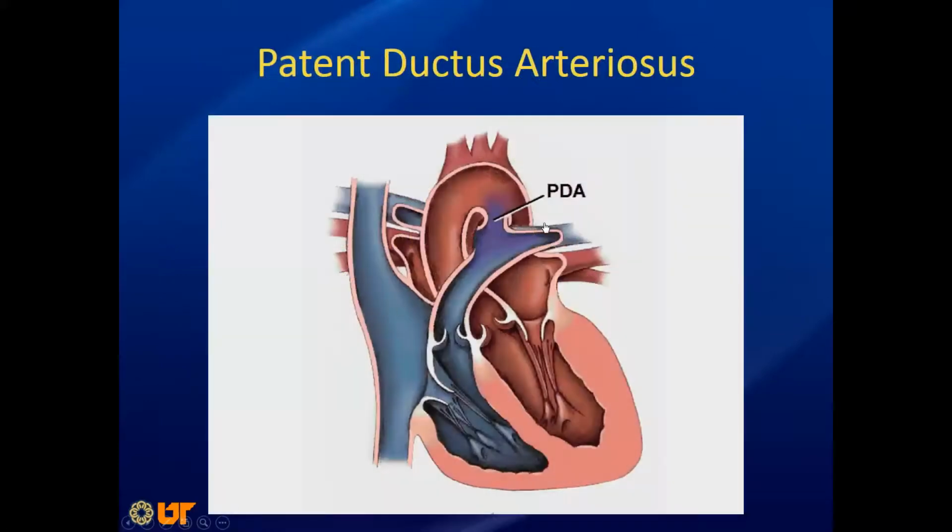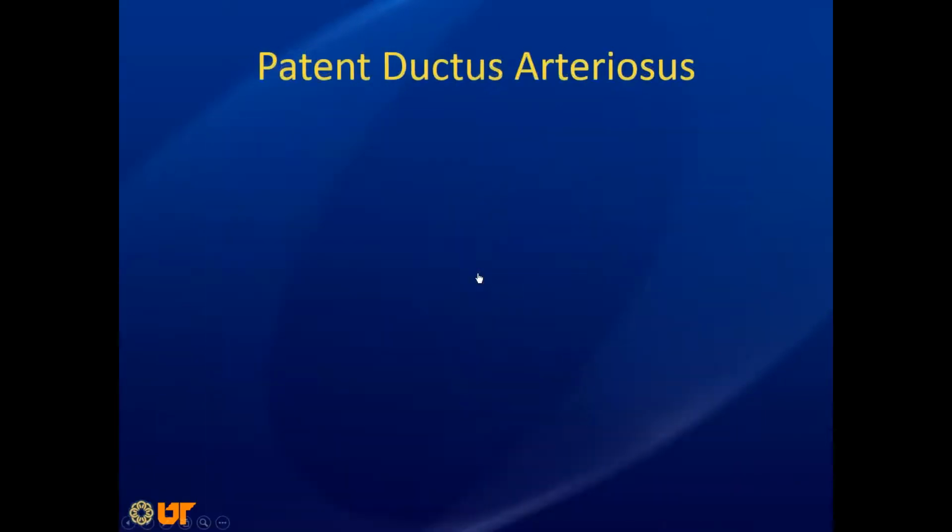So the PDA to start out with, we just talked about that briefly. So again, a connection between the aorta and the pulmonary artery, and the direction of flow kind of depends on pressures in either one of these. So for example, in pulmonary hypertension, it'll be right to left and cause cyanosis. In a, say, normal developing baby that's growing, it'll be all left to right and provide more pulmonary blood flow than necessary.